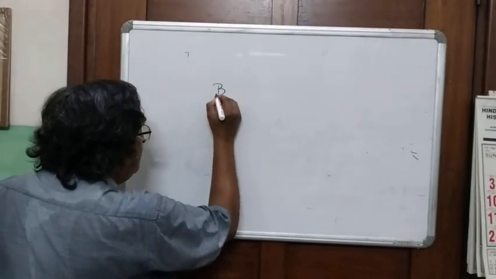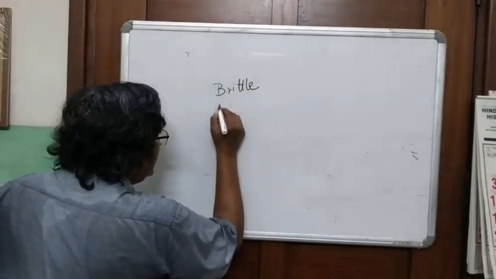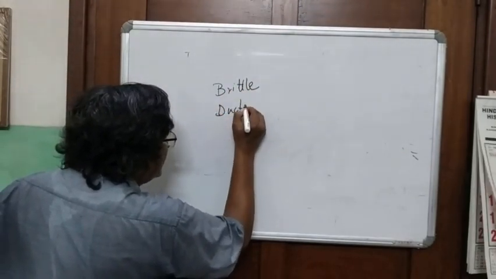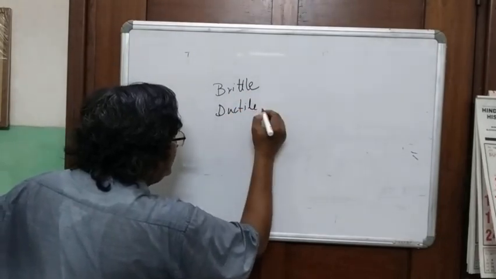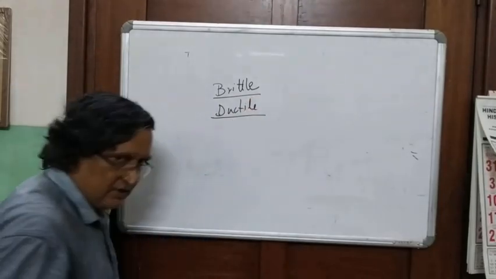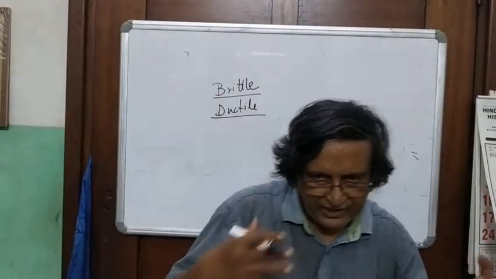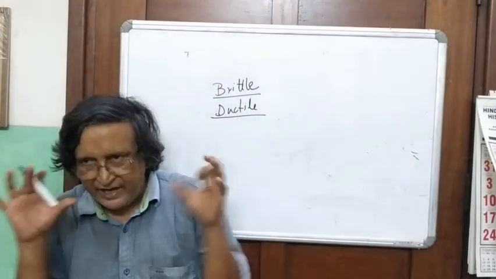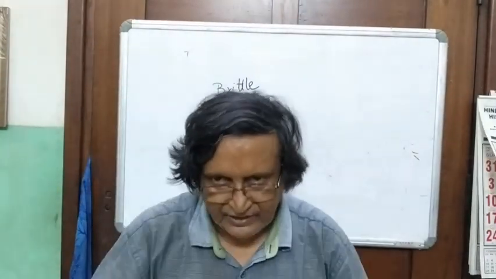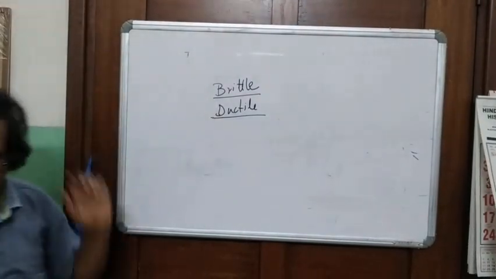One is called brittle deformation, and the other one is called ductile deformation. We will go into these two types of deformation later on, but this is just to bring you to a point where we understand broadly, and then let's go into deeper things.